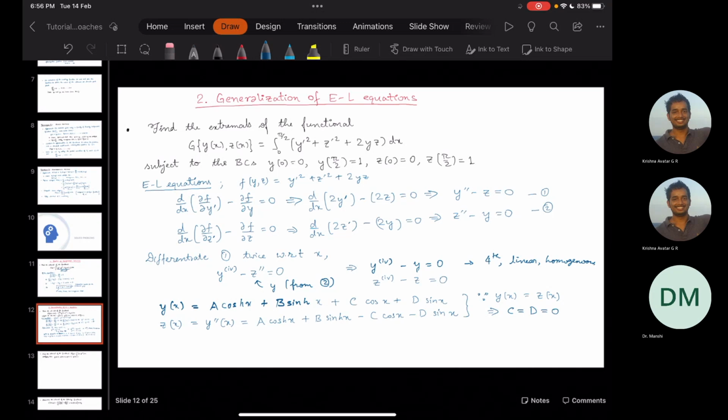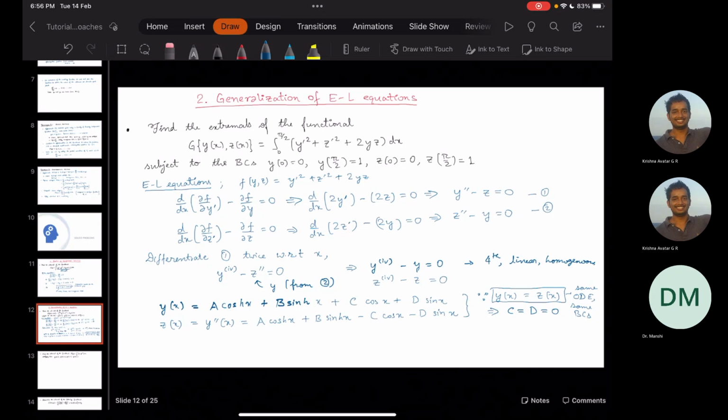Fine. So this is our first conclusion, that y of x is equal to z of x. And this has to be because the same differential equation, or same ODE, and same boundary conditions must lead us to the same solution, isn't it?